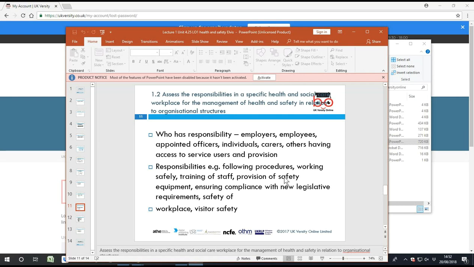Right. So every employer is required to provide a policy and procedures. And apart from that, provide equipment for staff to use. For instance, in the typical care home environment, there should be gloves for staff to use.